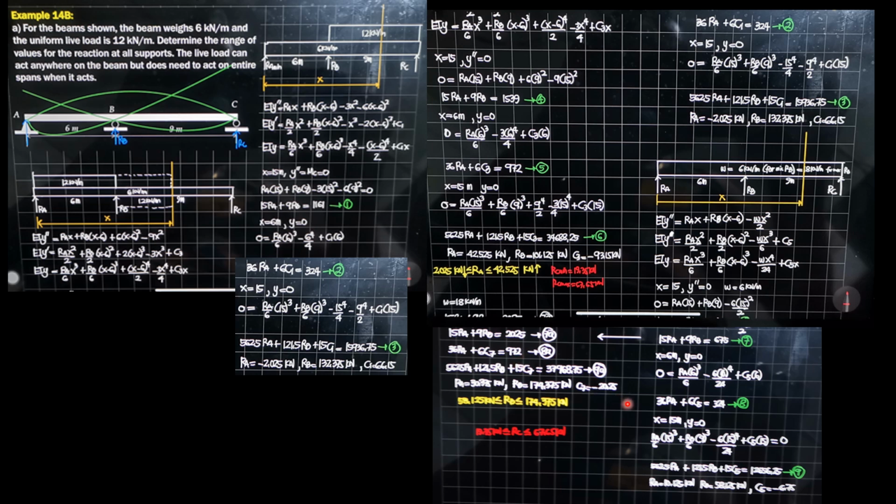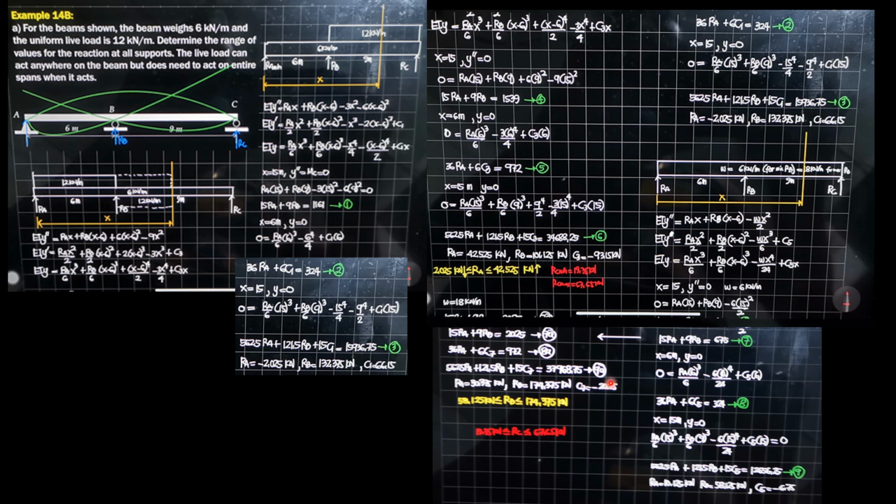Then in equation 9, x is 15, y is 0. So 562.5 RA, still into this equation here, plus 121.5 RB plus 15 C sub 7 equals 18 times 15 to the 4th over 24, and that is 37,968.75.